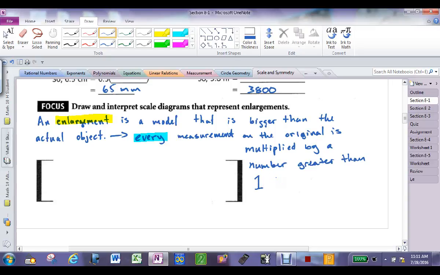Do you understand what that means? If I multiplied it by 1, how big would the thing be? Crickets. Okay, we'll have some fun with this.